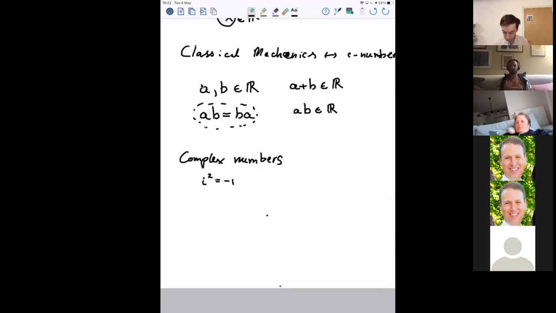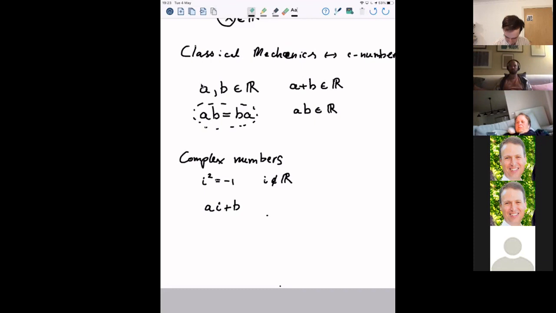So i is not an element of the reals. But it is nonetheless a number. So for example, you can multiply i with elements of the reals. So you can have some kind of multiplication of i times a, where a is a real number. You can also add a real number to i. And i is an element of the complex numbers, and so is this sum and multiplication of i.